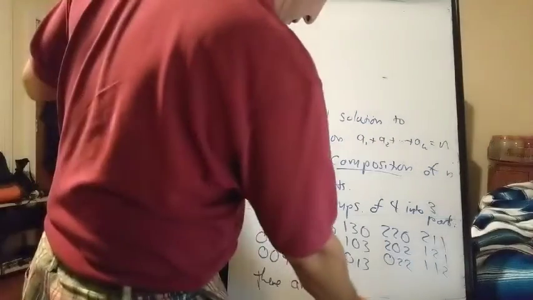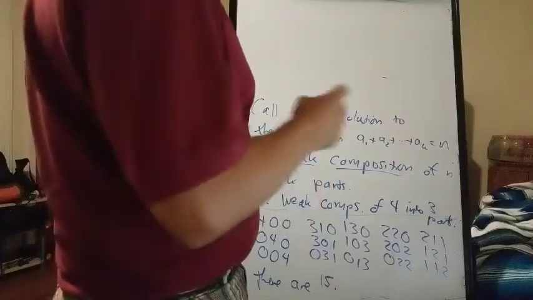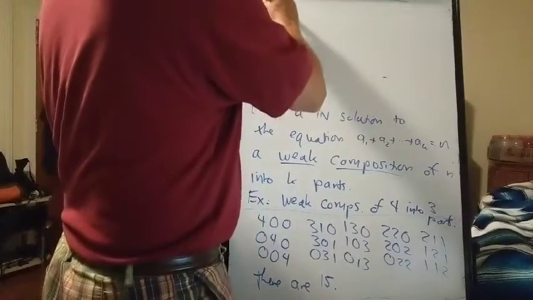Now there's a nice formula for the number of weak compositions of N into K parts.